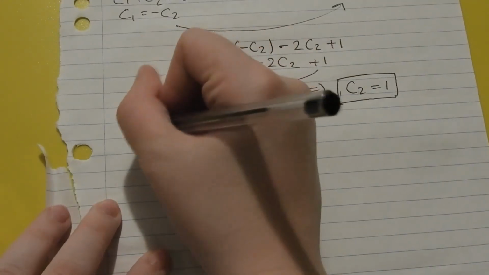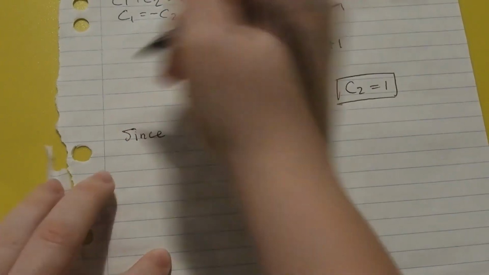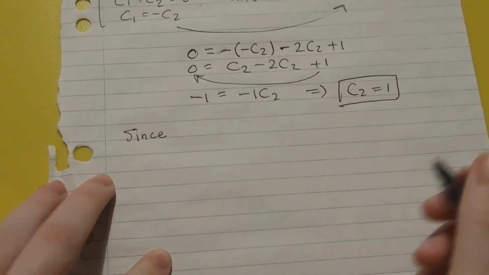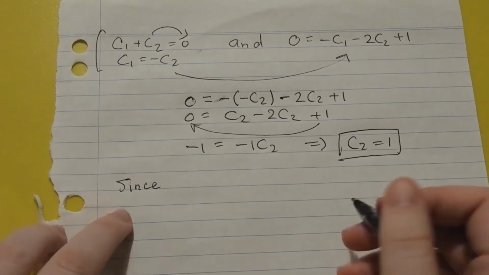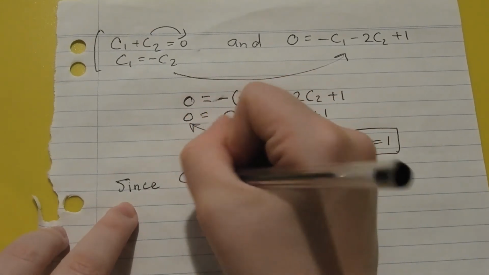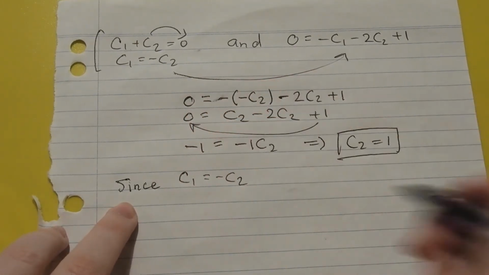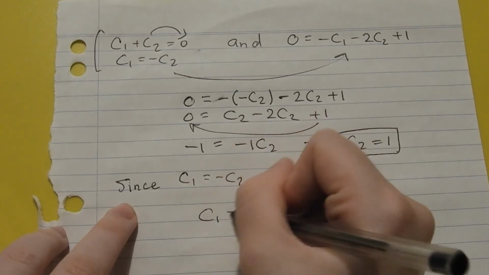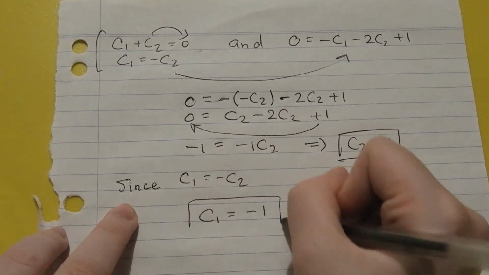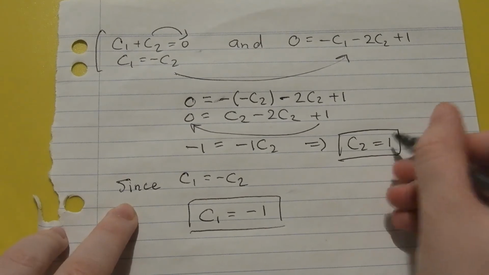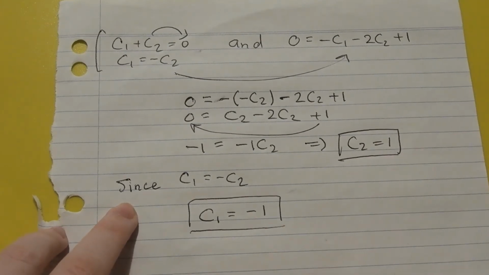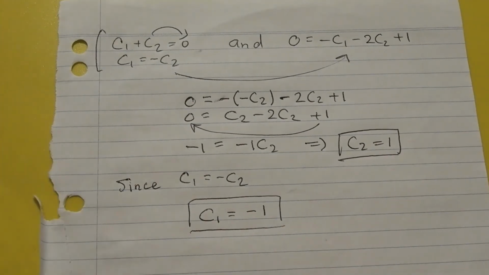Okay, and now we can look at this equation. What did this equation tell us? Since c1 equals negative c2, c1 equals negative 1. So c1 is the negative of this number, so it's just negative 1. So what does that tell us?